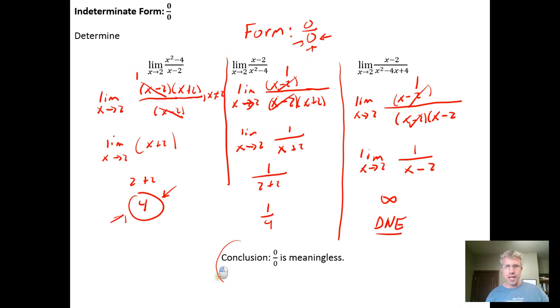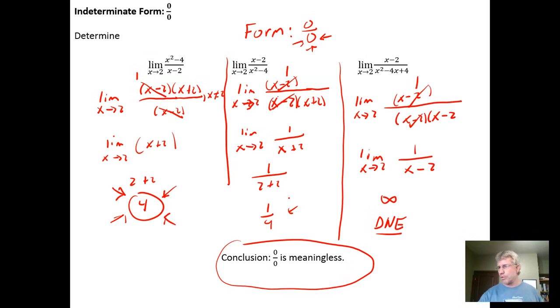And the conclusion that you can draw from this is 0 divided by 0 by itself is meaningless, because it can play out in many different ways. And L'Hopital's rule is going to be a rule that helps us to deal with this situation and find limits that would otherwise be difficult to get at.